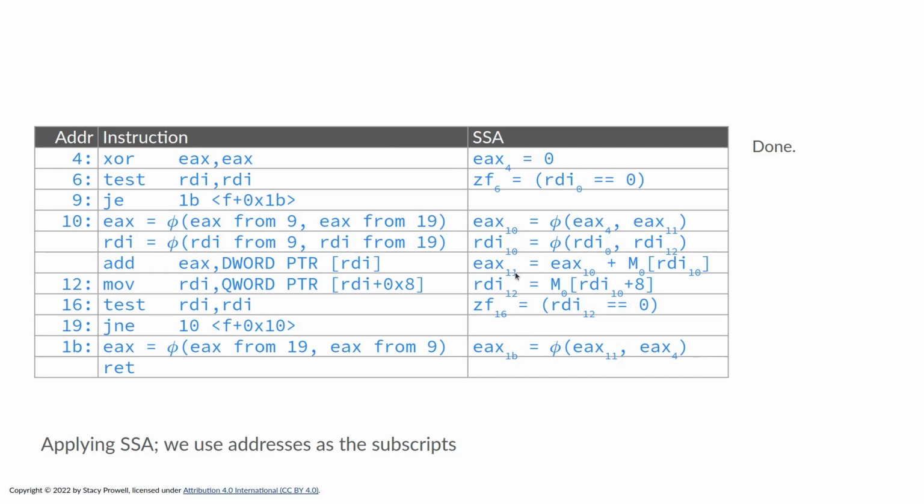So I substitute EAX 11, and I substitute in EAX 10 plus the memory contents from RDI 10. What's EAX 10? Well, I say it's either 4 or 11. Oops, I immediately have recursion, right? And so it can be tough to figure this out. And I don't have a lot of other context information. Like, I don't know what conditions lead to me choosing between these.